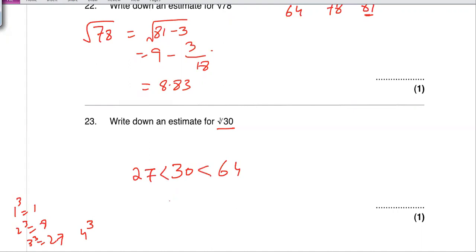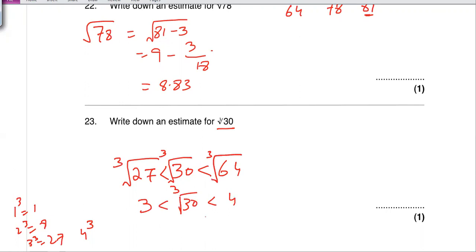Now what you have to do is take the cube root of all of these: the cube root of 27, the cube root of 30, and the cube root of 64. Now this is 3 and this is 4. Now we have to go for the approximation.